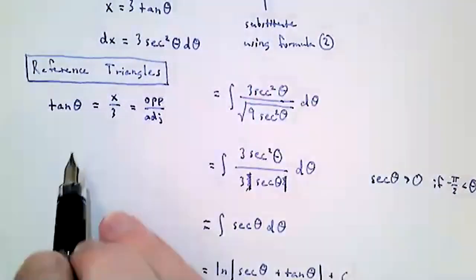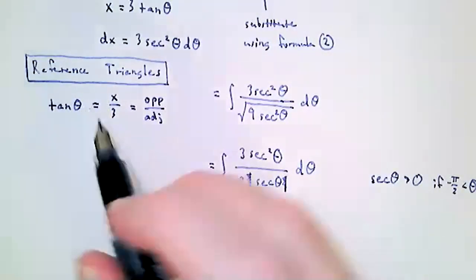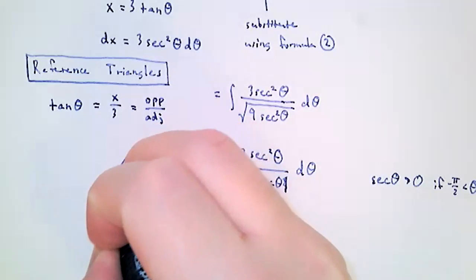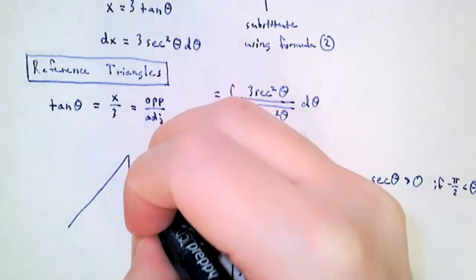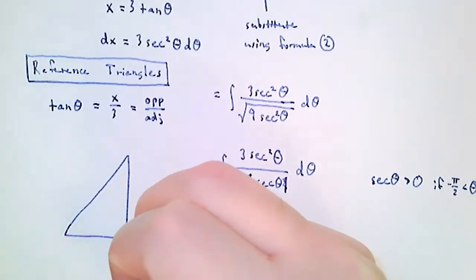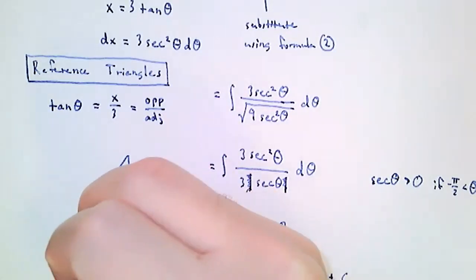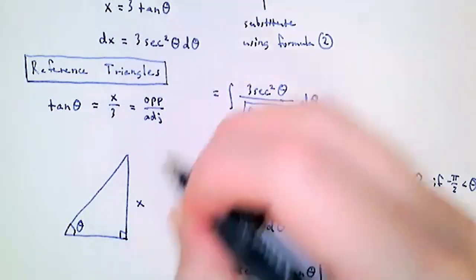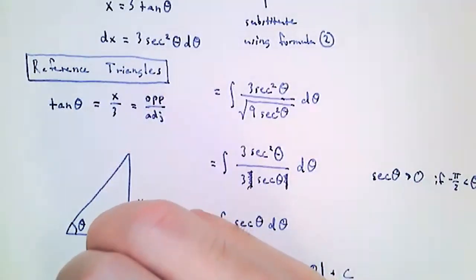So let's draw a triangle where the angle theta is opposite a length x. So here's theta down here. So opposite x and adjacent side would be 3.